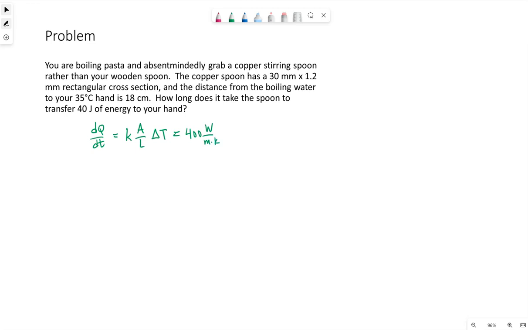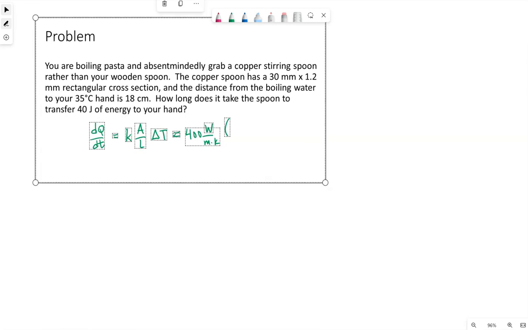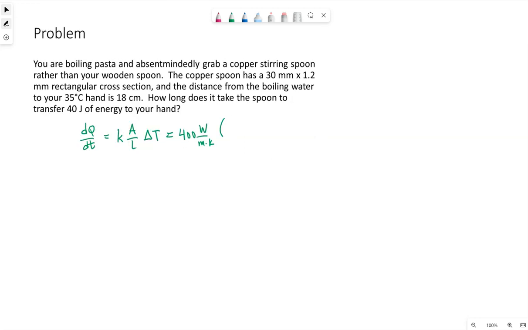The cross-sectional area, they tell us, is 30 millimeters by 1.2 millimeters, which we do want to convert to meters. All over L, well, the distance the energy is traveling from the boiling water to our hand is 18 centimeters, which we want in meters.